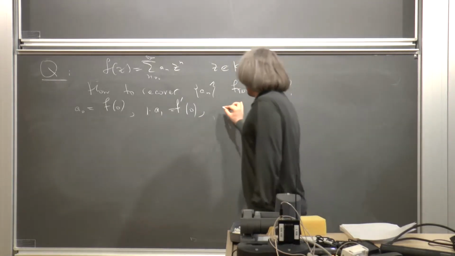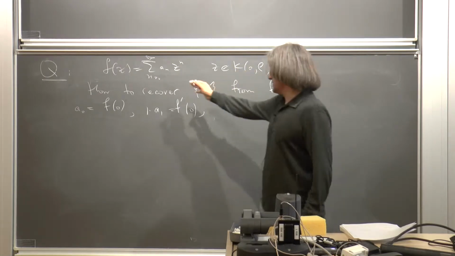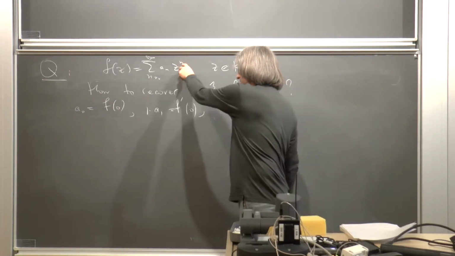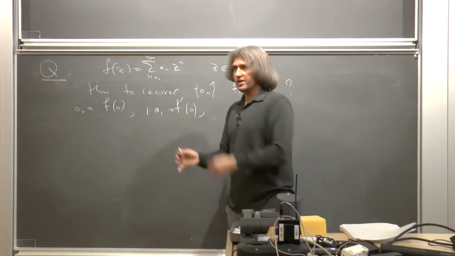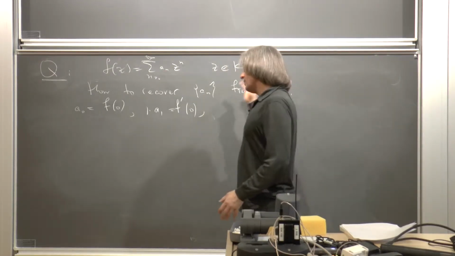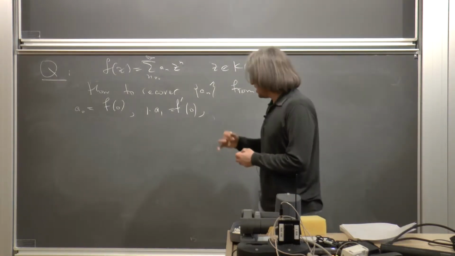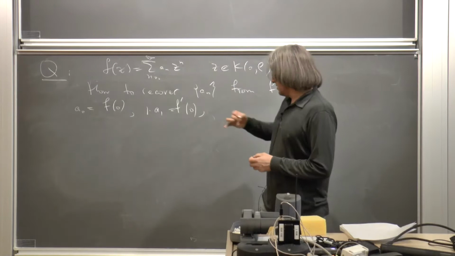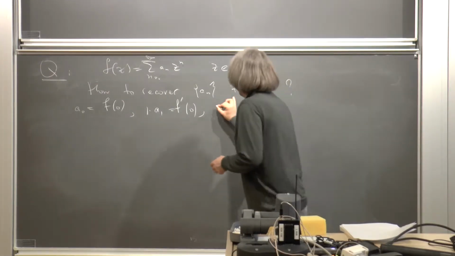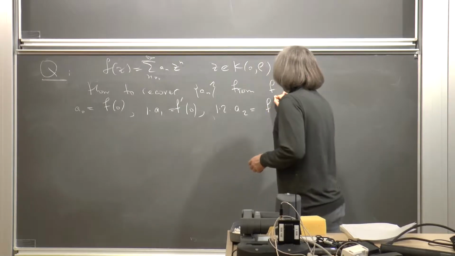What's a2? If we take a function and differentiate it twice, the exponents will be shifted by 2, and what was at the place 2 will end up in the place 0, but with the coefficient changed by differentiating twice. So 1 times 2 times a2 is f double prime at 0.